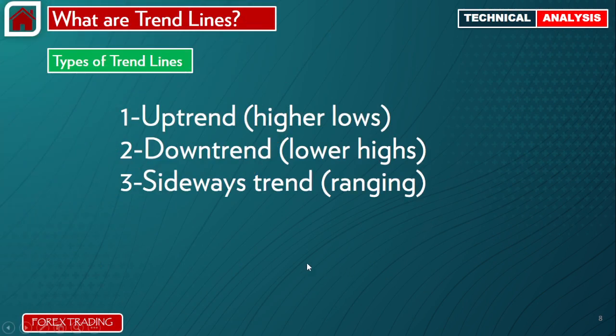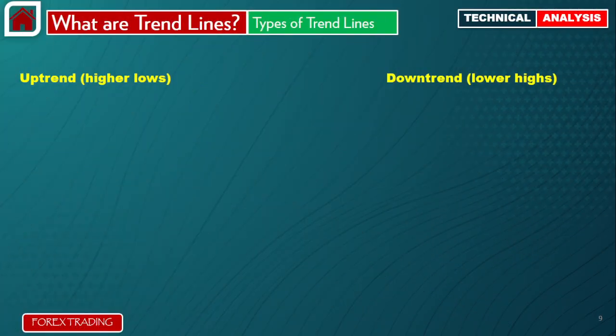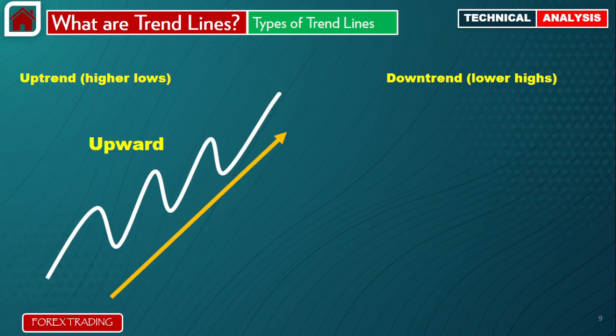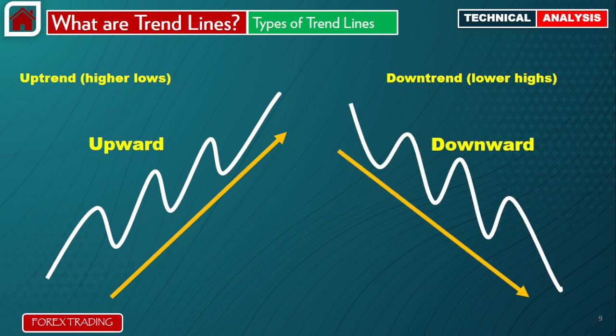So there are three types of trend lines: uptrend, downtrend, and sideways. We have just seen them. How do we look at an uptrend? In an upward trend, we have higher highs and higher lows. This is where we identify an upward trend line. And for a downward trend line, the price is moving down and makes lower highs and lower lows.